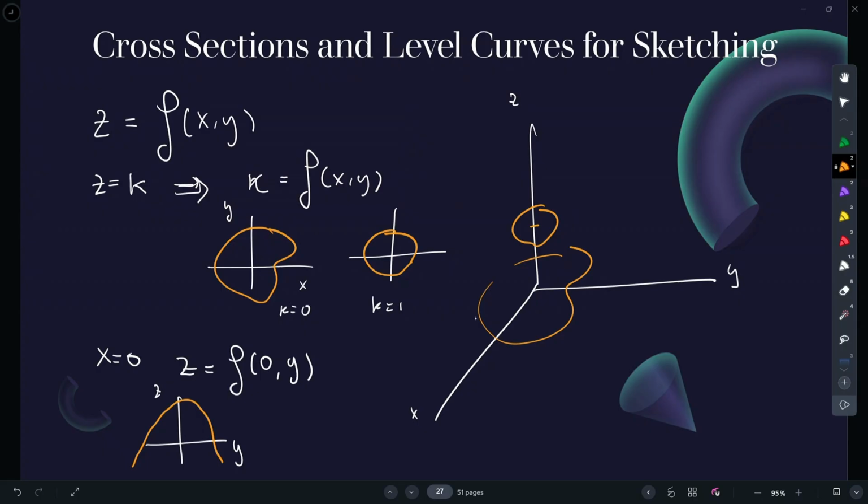What that tells me is that it's going to look like this in the yz plane. And I can do more cross sections to figure out what my graph looks like, by using level curves and cross-sections, as many cross-sections as I want. That's how we study graphs in general that are much more complicated than a quadric surface.